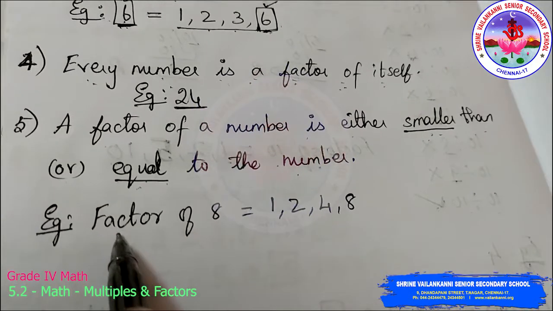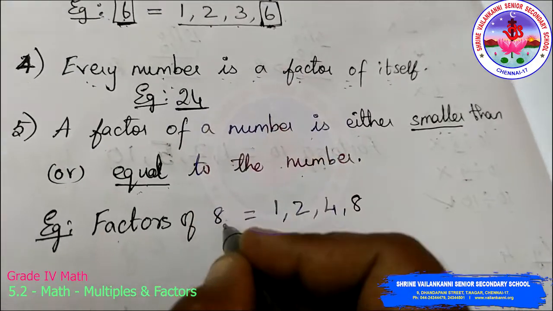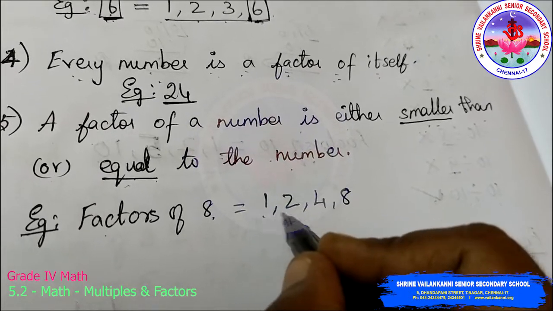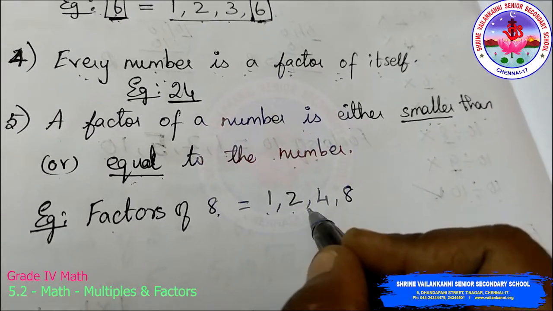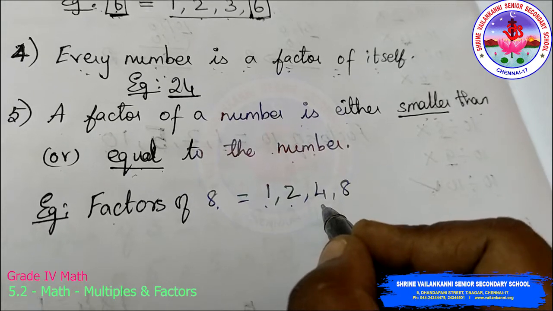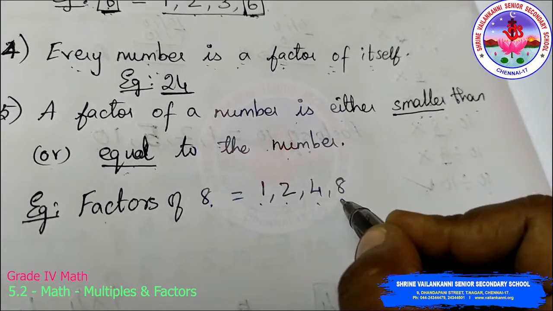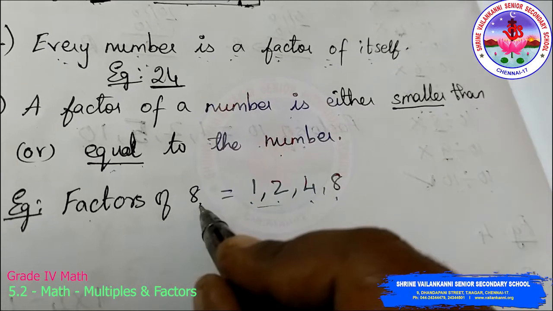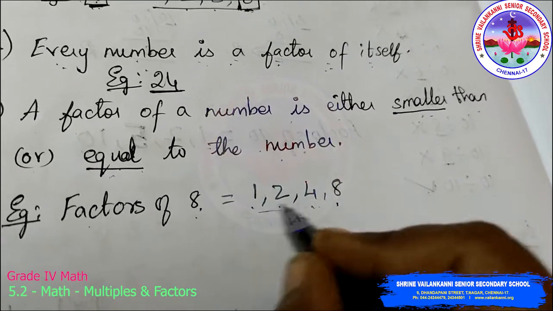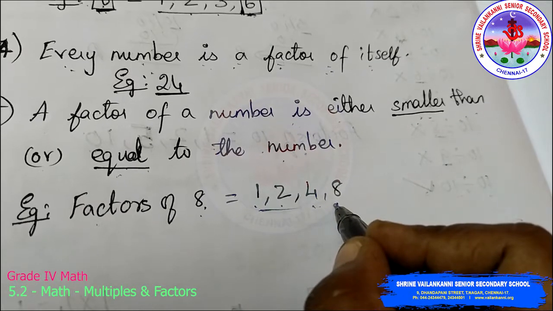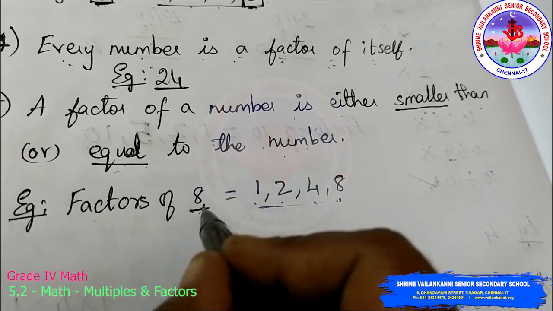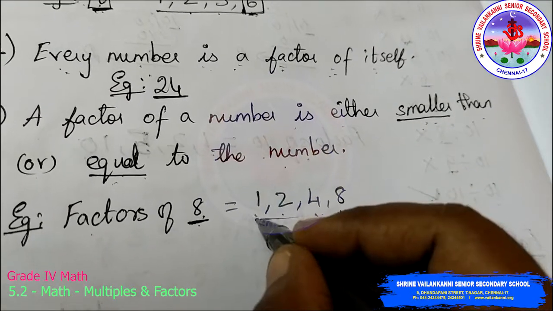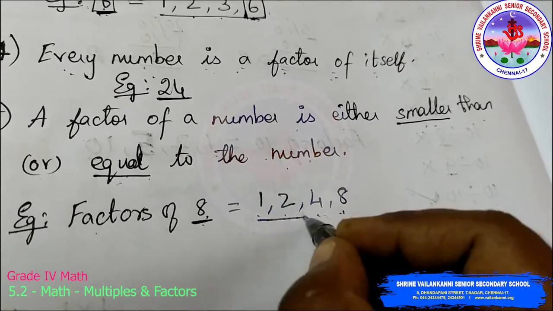For example, I have taken the factors of 8. The first factor will be 1. In the 2 table we get 8. In the 3 table we will not get 8. In the 4 table we get 8. In the 8 table we get 8. So these are the 4 factors of 8. How many factors are lesser than 8? 1, 2, 4.